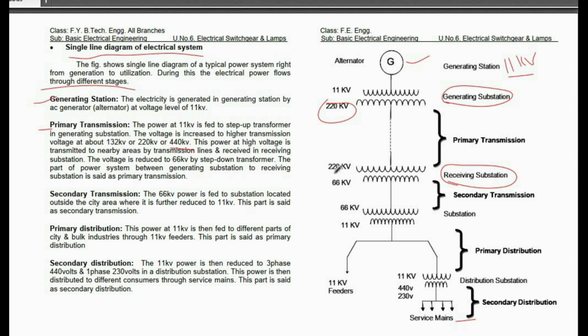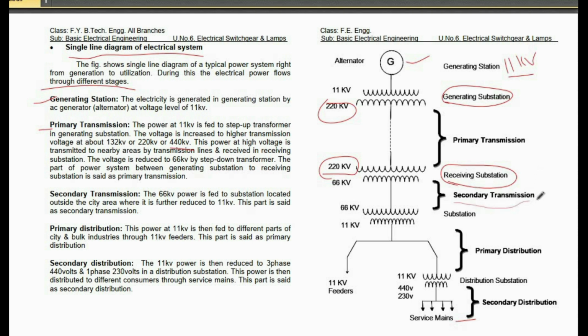In the receiving substation, that 220 kV voltage is fed to the step down transformer. Again, that voltage is stepped down to 66, 33, 22 kV at this receiving substation.